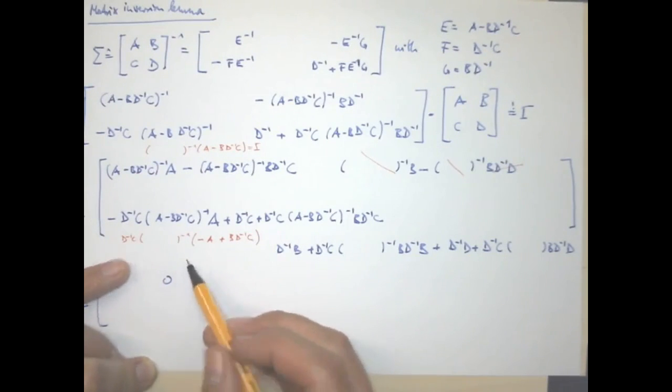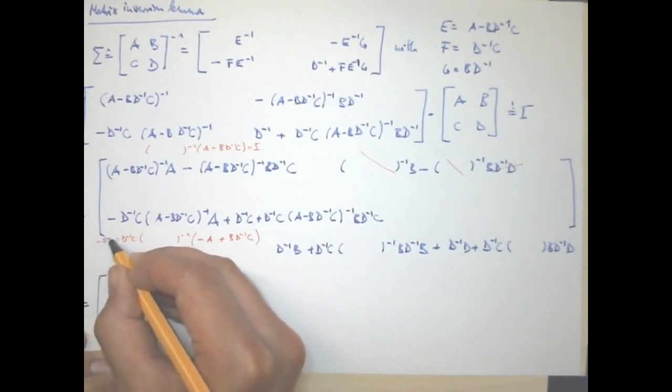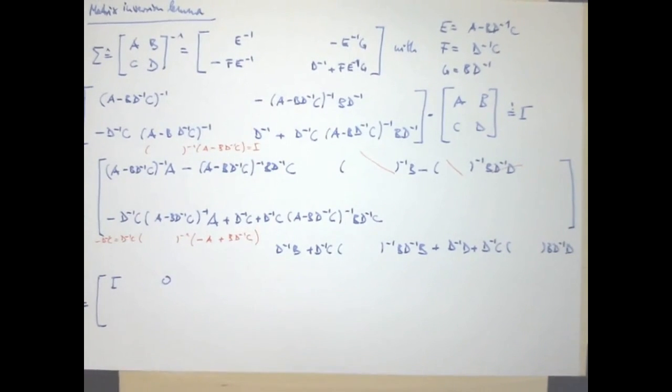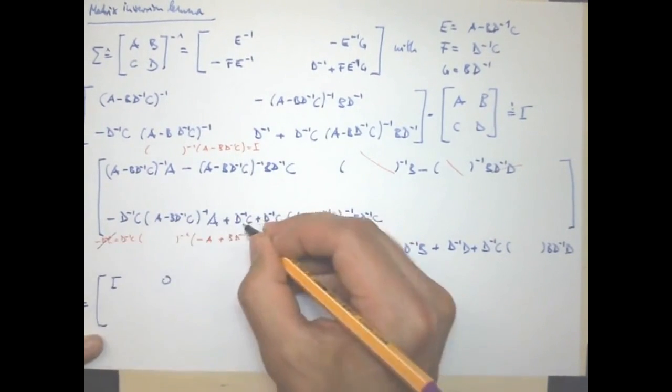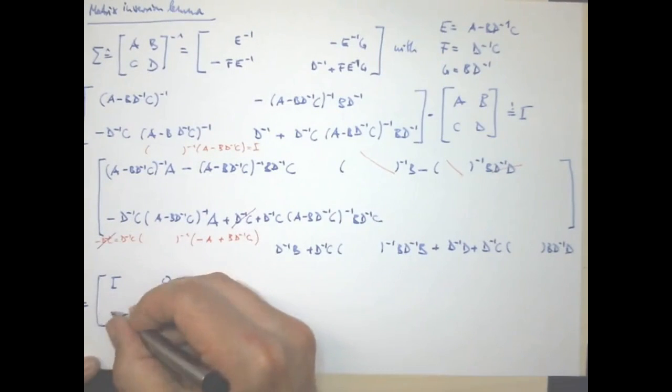So overall this gives me minus D minus 1 C, and I have a plus D minus 1 C here. So another one down, one to go.